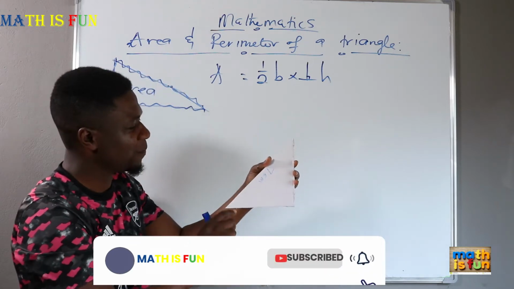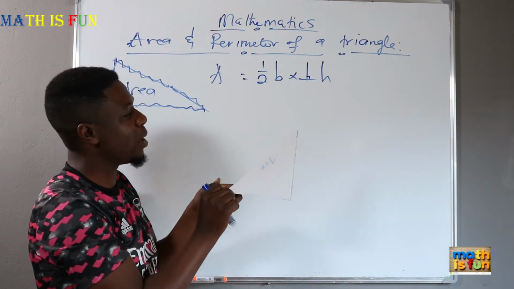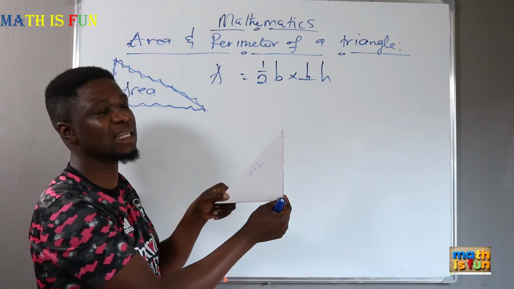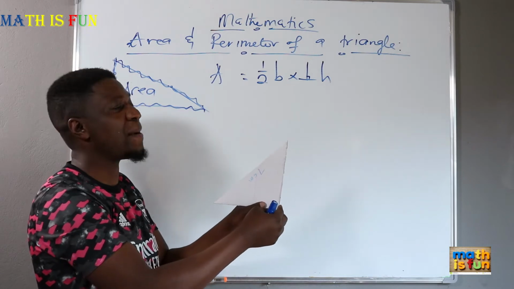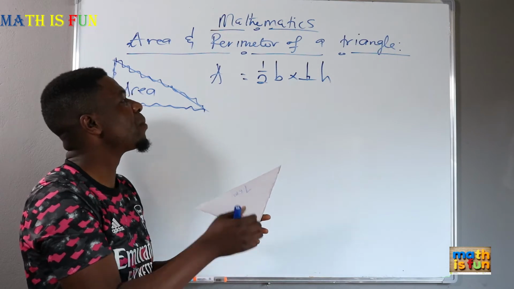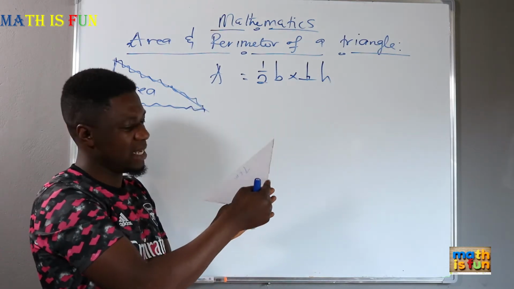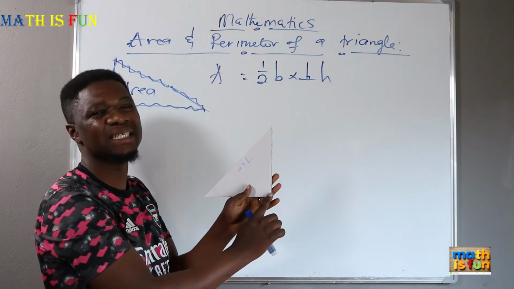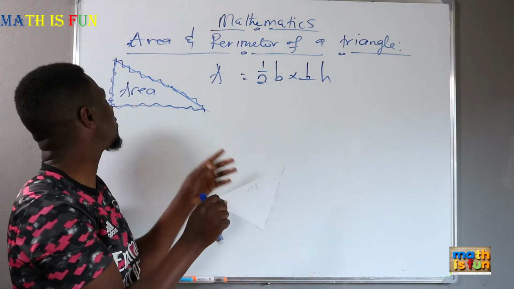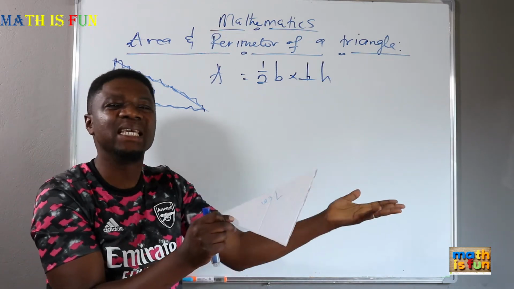So as I have here, I can choose this side as the base. But once I choose this side as the base, it means that my perpendicular height will be here. When we talk of perpendicular height also, it's talking about a line drawn here that will give you a 90 degree angle. But since this one is a right angle triangle, then it helps us. It makes things easy for us.